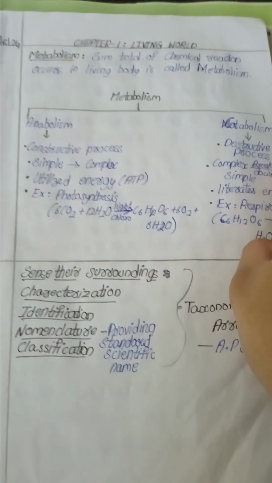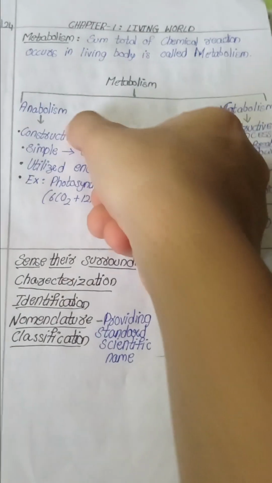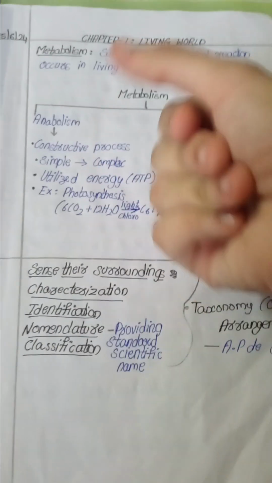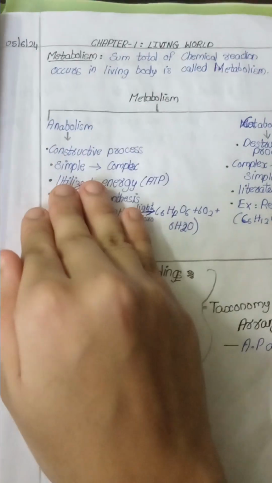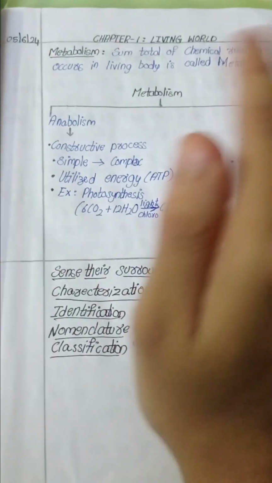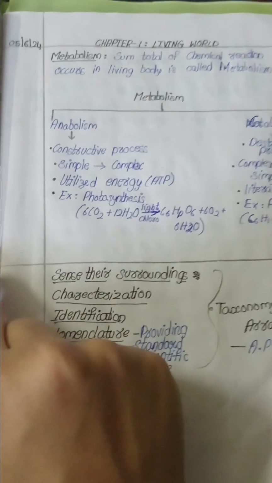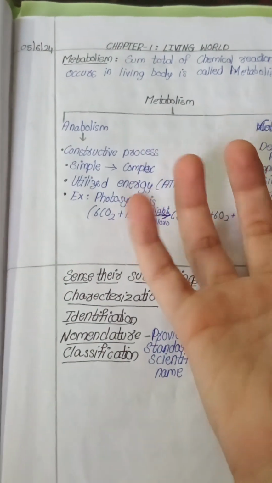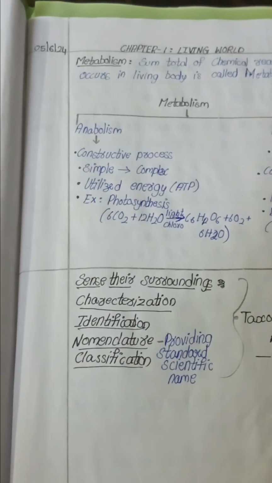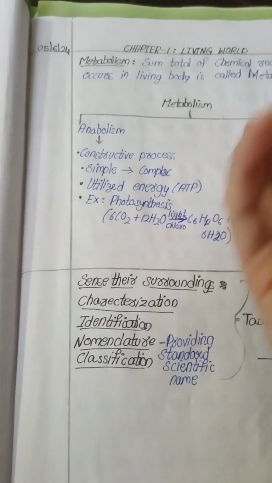Metabolism is of two types, anabolism and catabolism. Usually, anabolism occurs mostly in plants. First, let's look into anabolism. Anabolism is a constructive process. There is no breaking down. Instead, particles get attracted to each other and form another bigger particle.